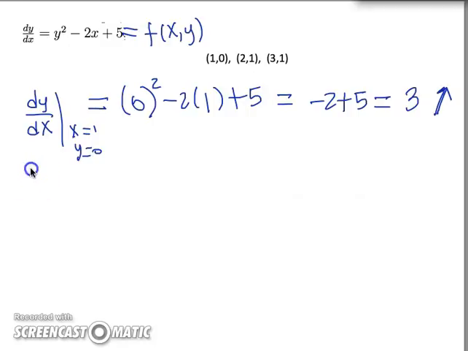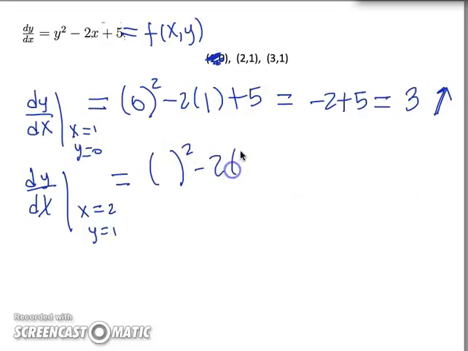So what happens if we now evaluate dy dx at, so we worked the first one, what happens if we evaluate now this at x equals 2 and y equals 1. So we square, multiply by 2 and add 5, right?